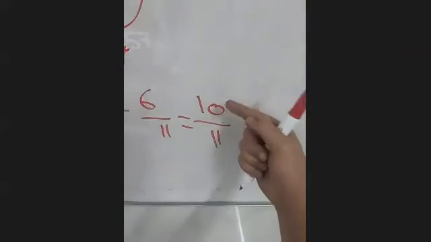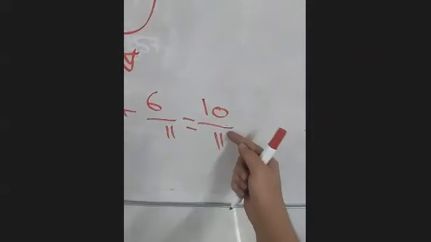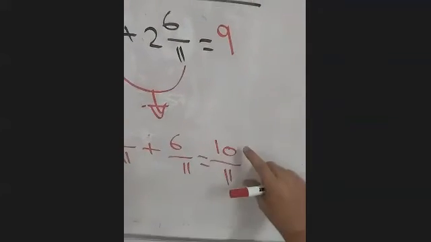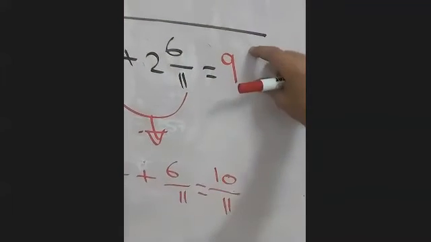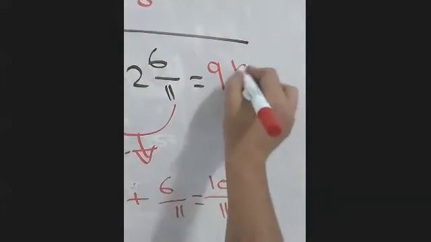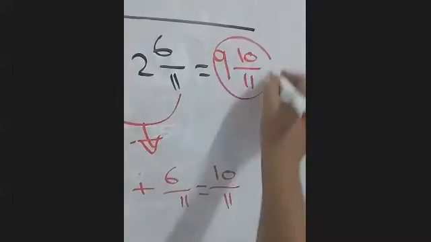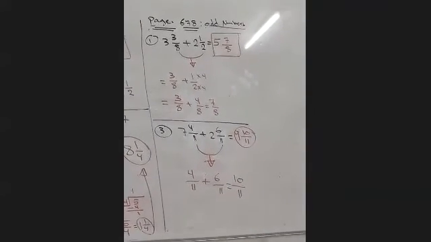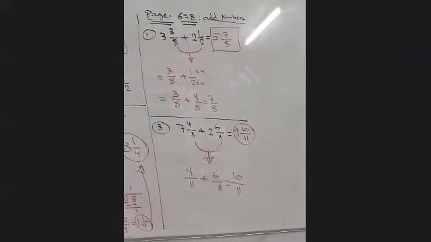Now we focus: is up more than down or less than down? Less. Less than down, no need to make division, right? So we put the 10 over 11 beside the 9. So what will the answer be? 9 and 10 over 11. You understand it now? Yes, Alhamdulillah.